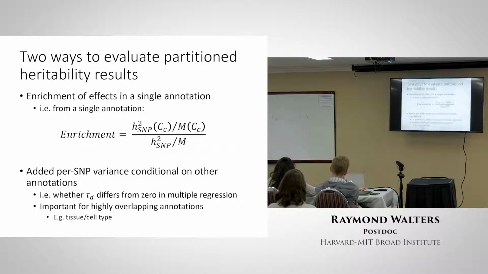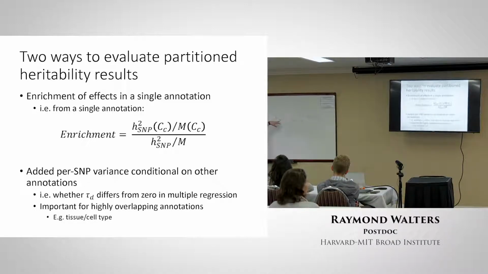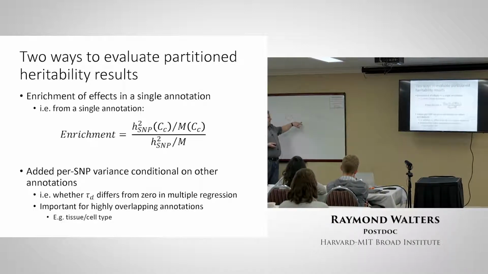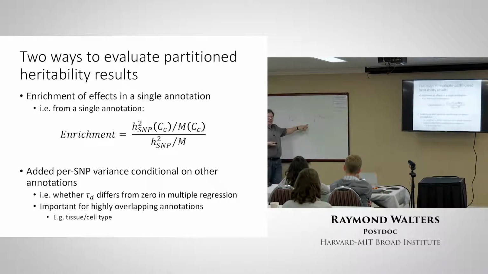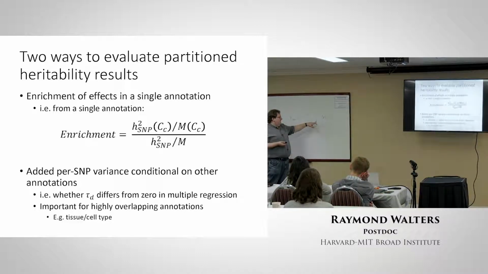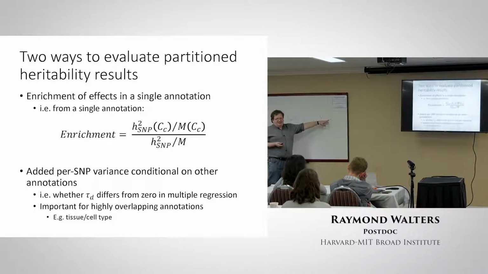But for things where we have a categorical annotation C, we can say that the SNP heritability for that category C is: we sum over all of the SNPs that are in that category, so not all SNPs, just the SNPs that are annotated in that category, and sum their effect sizes from all of the annotations, based on their annotation and their tau.